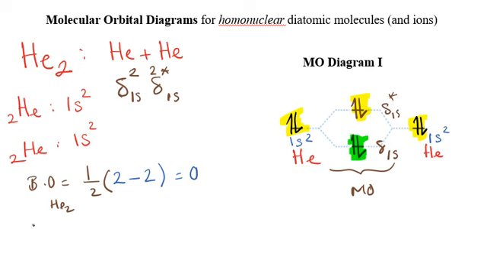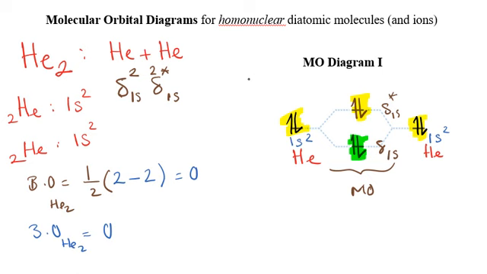Whenever we have bond order 0, it means definitely it doesn't exist. And fortunately, we have the same result as the experimental findings. So this is something we may consider.